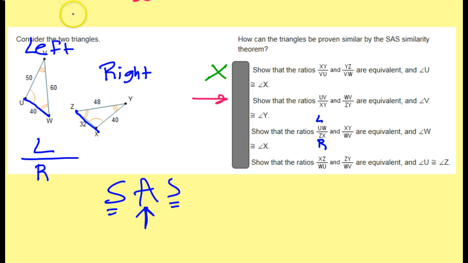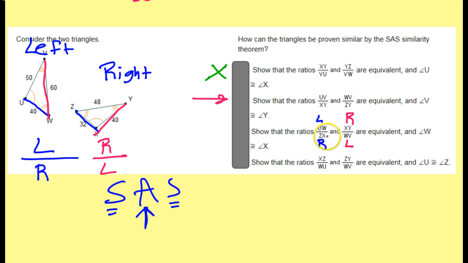But then, look what happens. XY over WV. XY is over here on the right, and then WV is over here on the left. So they switched it up on us. They went right over left.